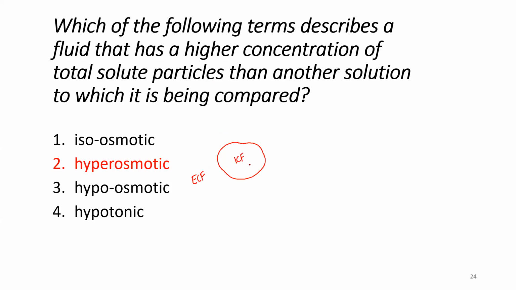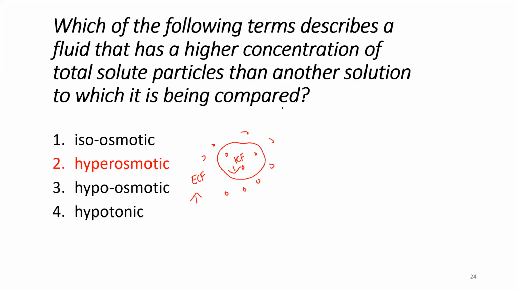And if we're saying that there's a higher concentration of solutes out here, and a lower concentration of solutes in here, we can then say that the extracellular fluid is hyperosmotic when compared to the intracellular fluid, okay? In other words, it's got more solutes dissolved. This has less solutes dissolved. All right, I hope that makes sense there.